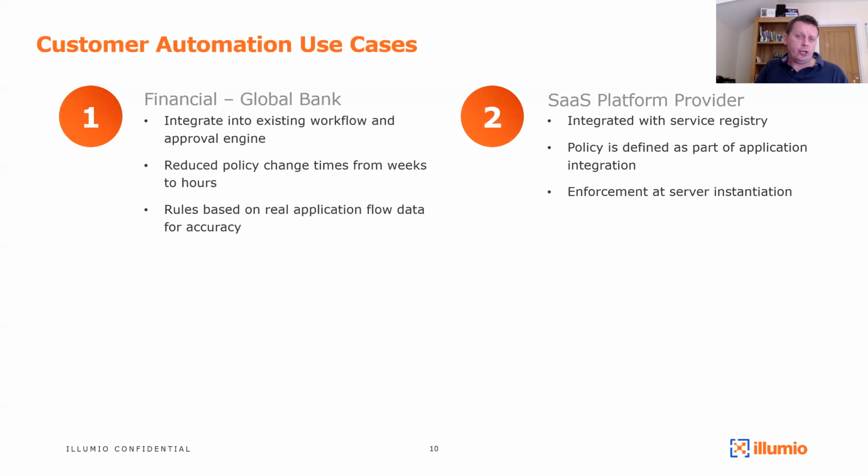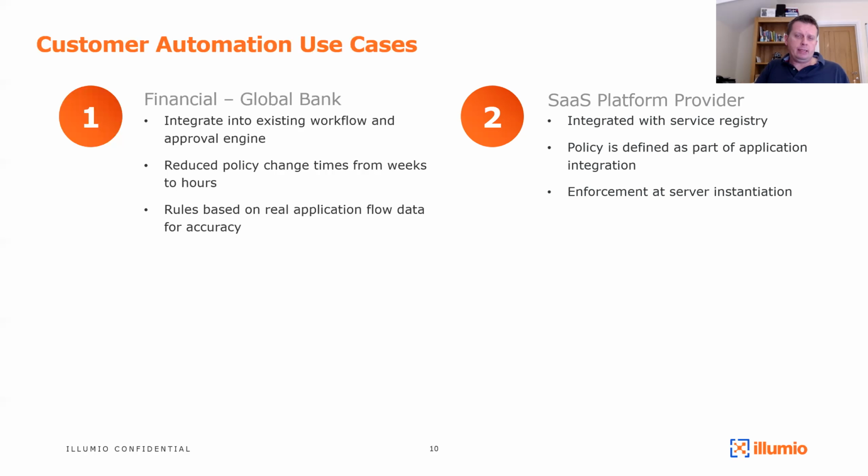The second example is a global SaaS provider. They do things like time management, HR type software. Their environment is fully automated as it stands, so they integrated Illumio directly from the service registry. The service registry is, if you like, the data source that defines truth around all of the dependencies of their application and microservice components.